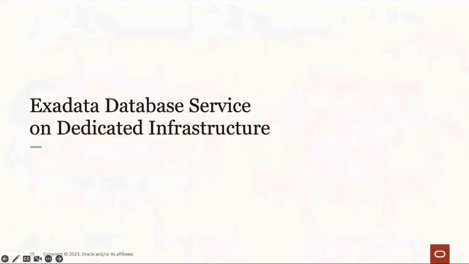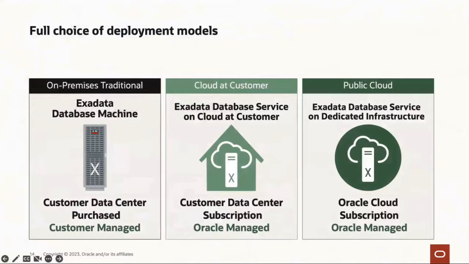All right, so our next database service we are going to talk about is Exadata Database Service on Dedicated Infrastructure. I know it's quite a mouthful, but we'll take a look at the different choices that we have. So there are a few different deployment options that you can choose from.